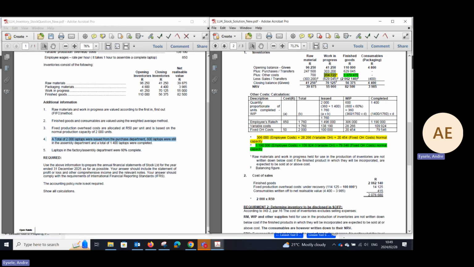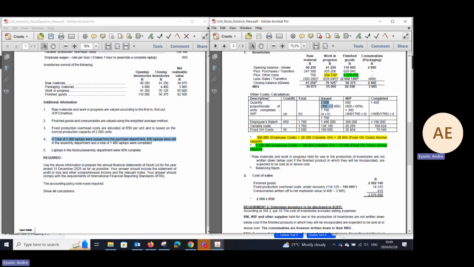The question states that a total of 1,400 laptops were completed.